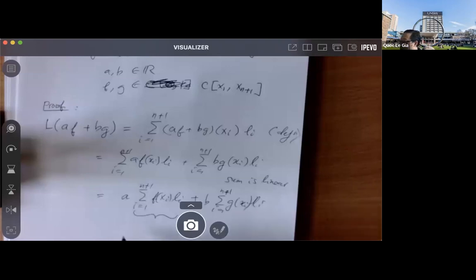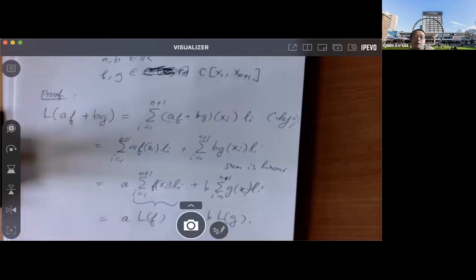Yeah, just aLf, right? By definition. So this one is aLf, and the second one is just bLg. That's it. So you have proven it, just by using the definition and the linearity of the sum. So we show that the interpolation process is a linear map.